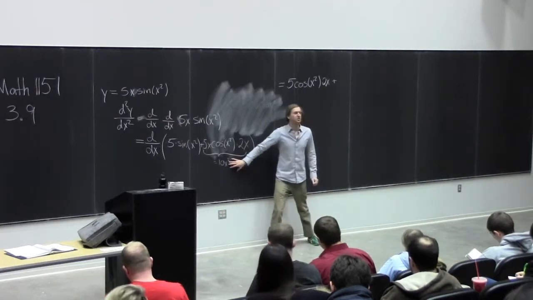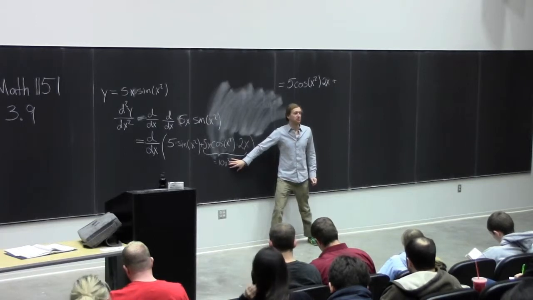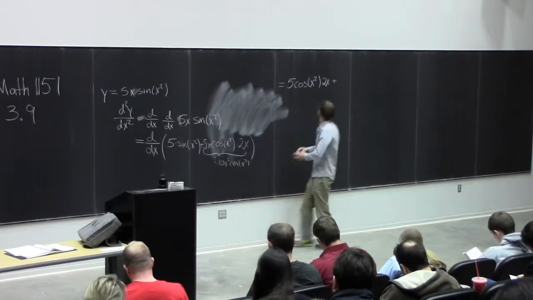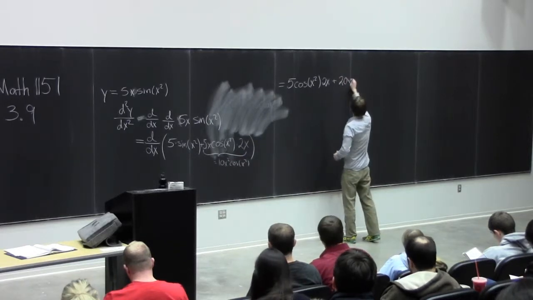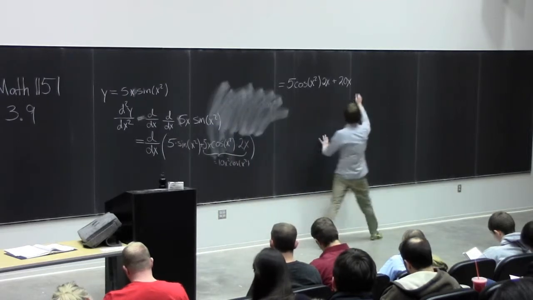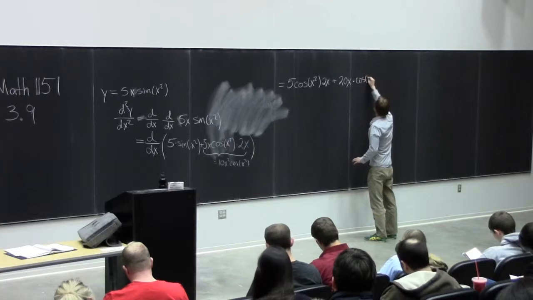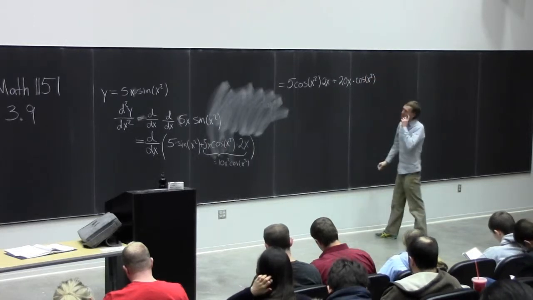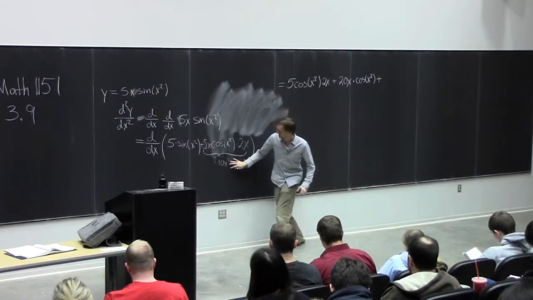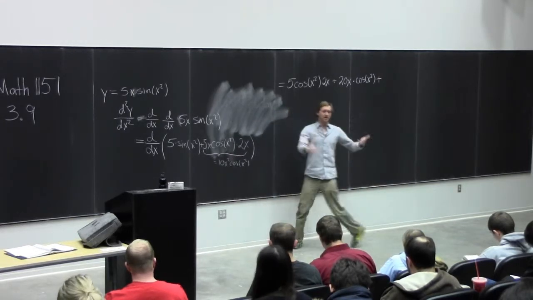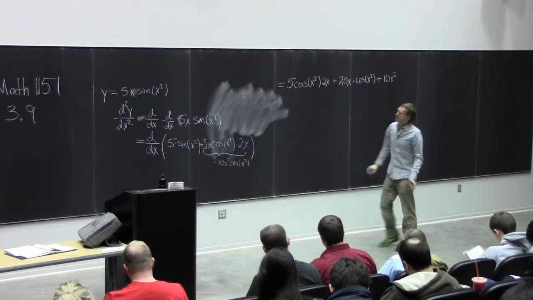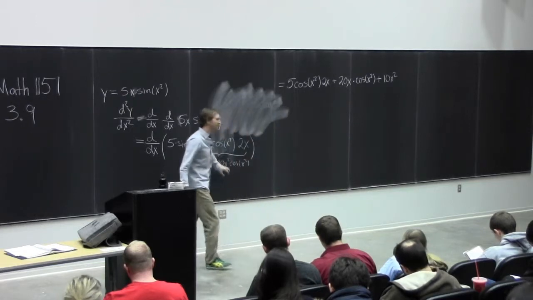And so the derivative of the first part is 20x. The derivative of 10x squared is 20x. So it's going to be 20x. And now this piece stays the same, cosine x squared times cosine x squared, plus, now this piece, the 10x squared, nothing happens to it. 10x squared times the derivative of cosine x squared.